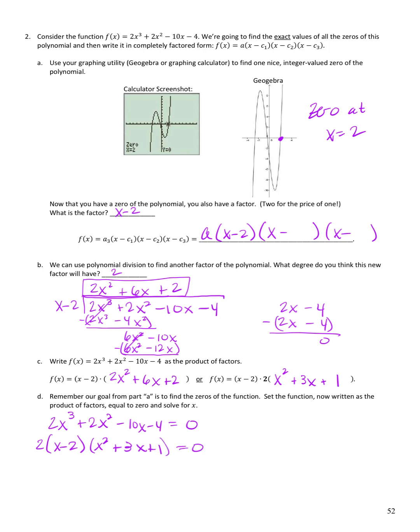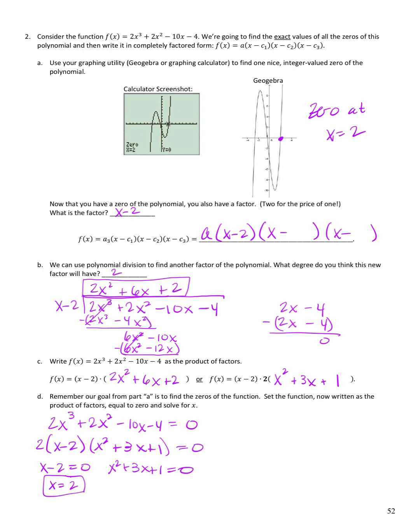And now I'm going to set each factor equal to 0 and solve it separately. So either x minus 2 equals 0, which means x equals 2, and I actually already knew this one from the graph. I started with that.